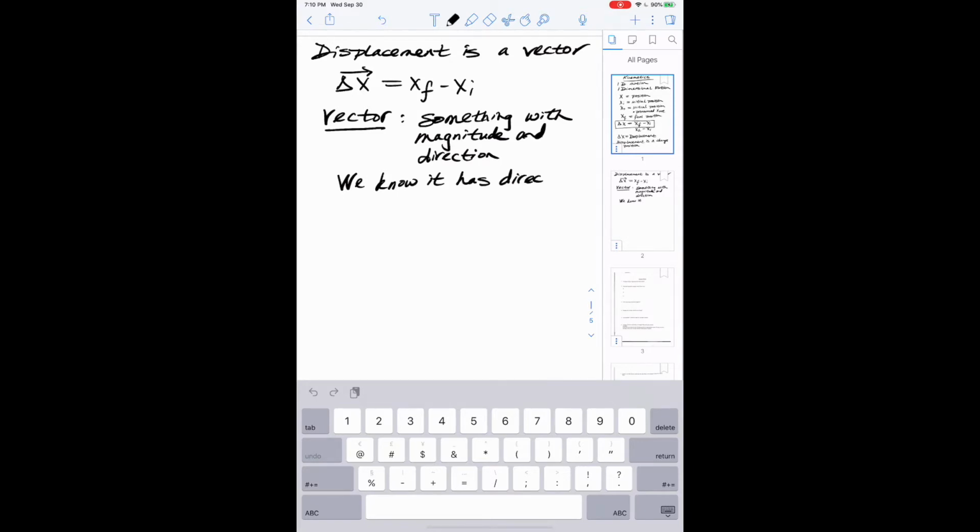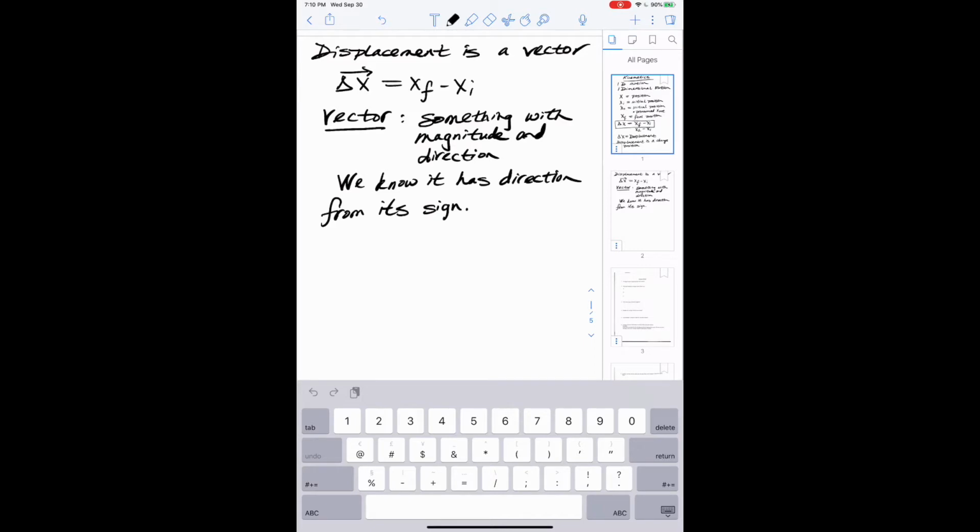And that's probably new for you, coming from math class where we had negative numbers that didn't really mean direction, right?